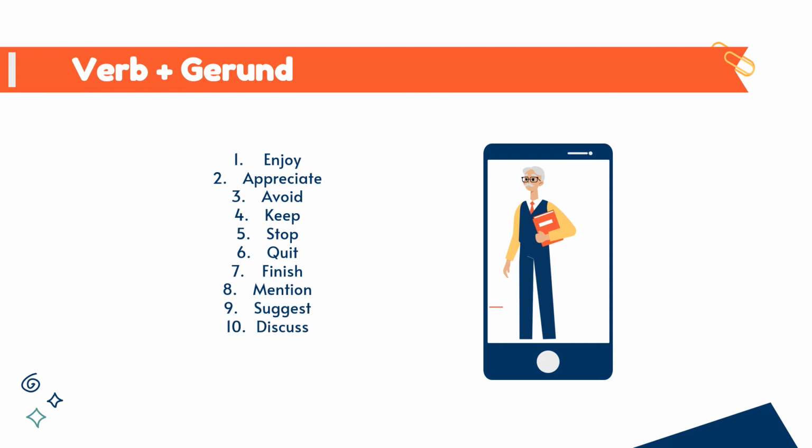I'll give sentences for these words. For example, I enjoy watching the movie, or I avoid meeting him, or I stop smoking this year, or I finish doing my homework, and so on.